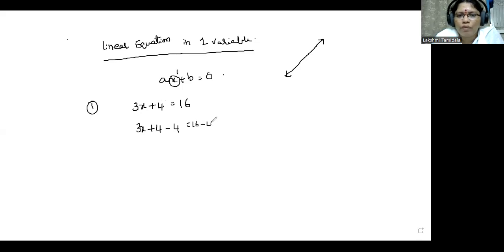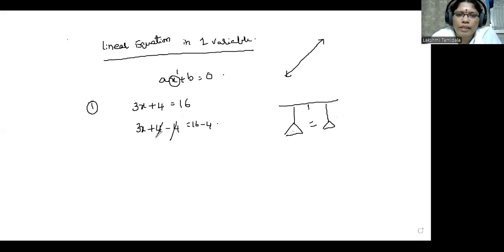Why do we subtract 4 from both sides? Because the linear equation is just like a balanced weighing machine. As this is a balanced one, whatever operation we perform on this side must be performed on the other side to maintain the balance. So here we subtract 4 from both sides.